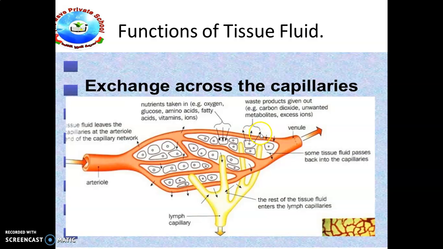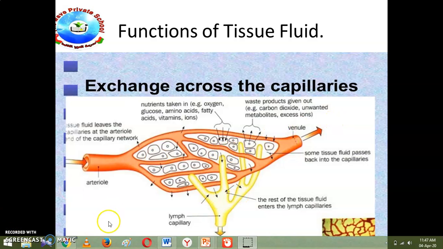So the plasma, the tissue fluid which is coming out into the outside of the cells, will be entering into the lymph capillaries. The rest of the tissue fluid enters into the lymph capillaries.